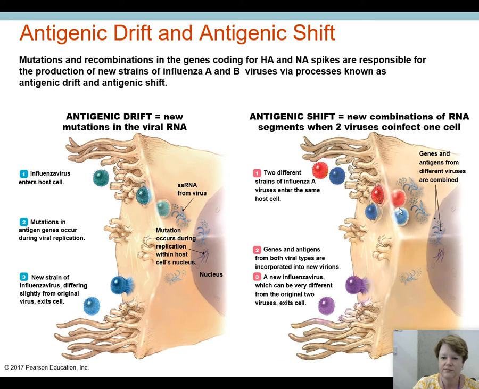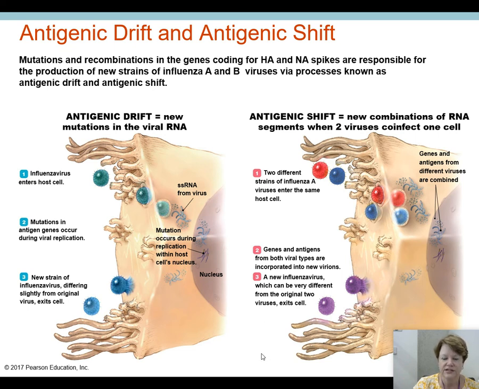And because the chromosome is in 8 segments, when the new viruses emerge, they will probably have some of the segments that came originally from the red virus strain and some of the segments from the blue virus strain. And so you could get this new strain that's really a new combination of these 8 segments compared to what was originally present. So that's considered a new strain when there are combinations of RNA segments from 2 viruses combined together into a new strain.